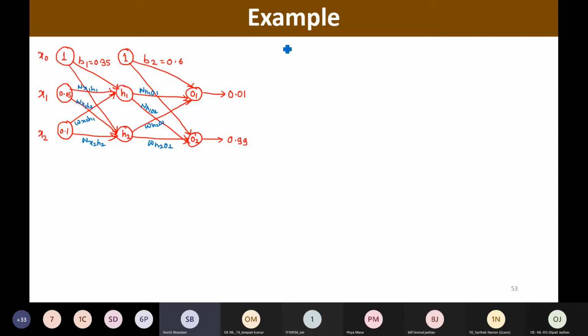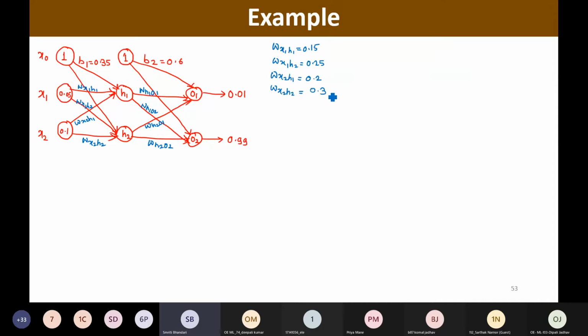Okay. Now let us initialize weights. So let us assume that we are initializing those weights. So W x1 h1 is say 0.15. W x1 h2 is say 0.25. W x2 h1 is say 0.2, W x2 h2 is say 0.3.